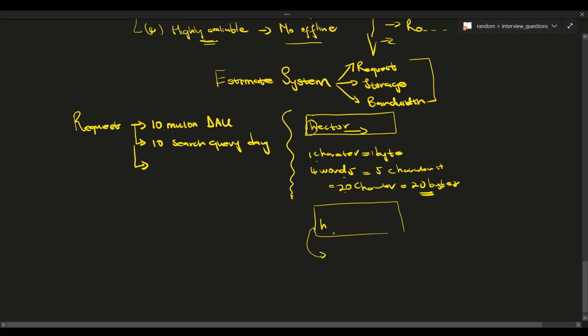If you type H, we call the search endpoint with query equals H. Then you type E, and we make another request with query equals HE. Then maybe you type C, and we hit the endpoint again with query equals HEC.